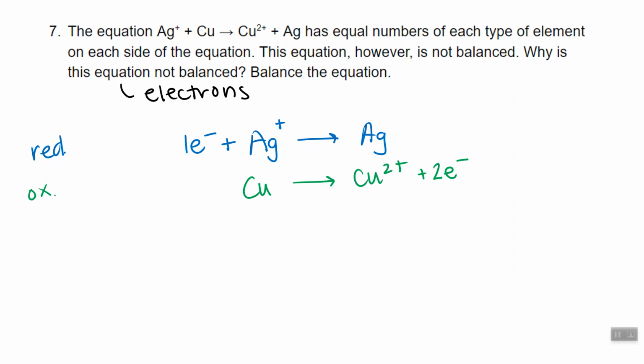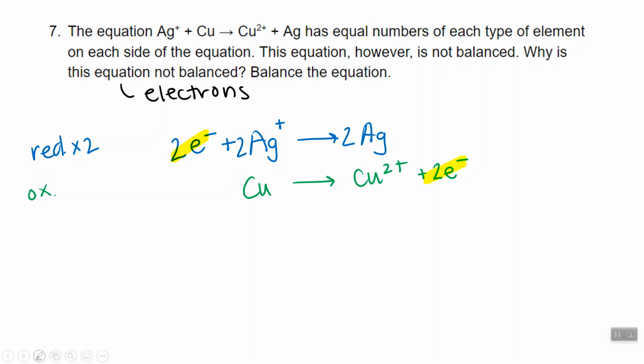Now I want to make sure that my number of electrons consumed and produced is the same. So I'm going to double everything in my top equation. So now that I do that, those electrons are going to cancel out.